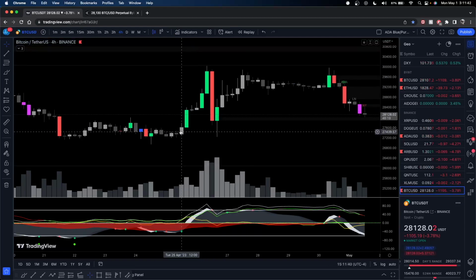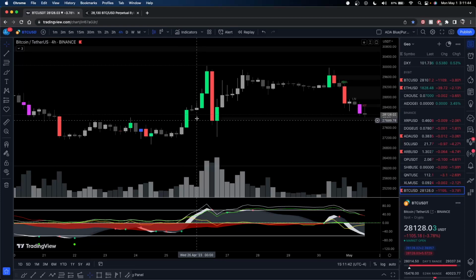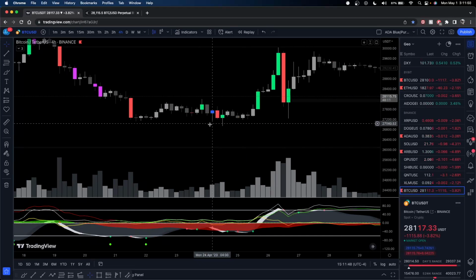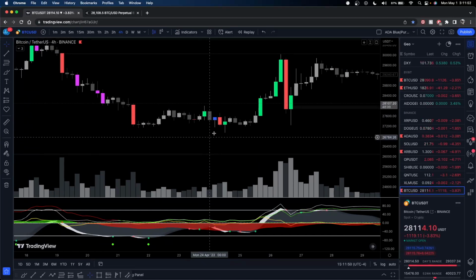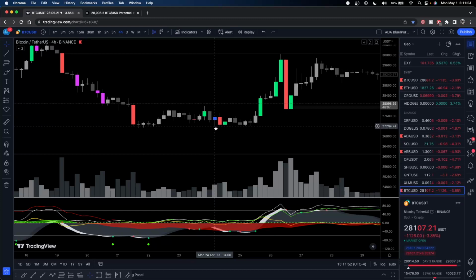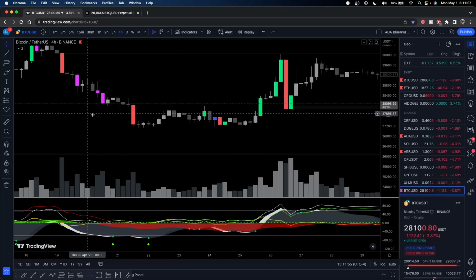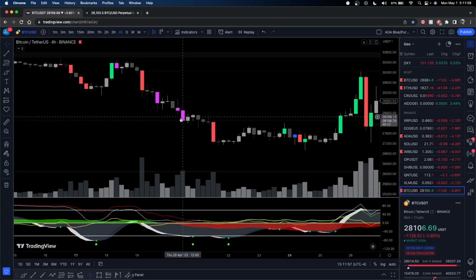So in our case, if an average candle is 10 transactions, green is 20 plus, red is 20 plus. The blue is 150%. So it's 15 plus, and the pinks are 15 plus.